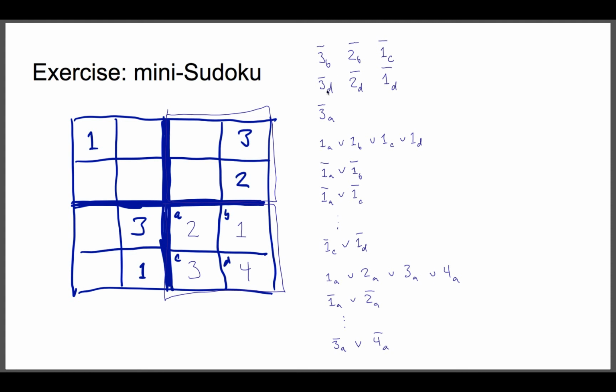And so what we're going to do is combine these 3 bits of information with the constraint for the digit 3 of this form. That constraint looks like 3A or 3B or 3C or 3D.